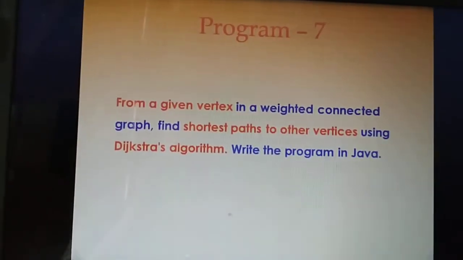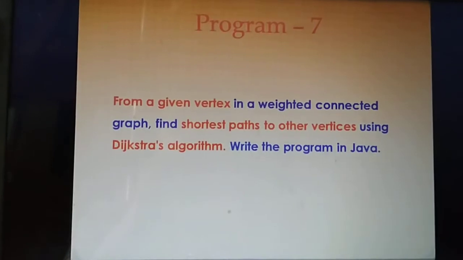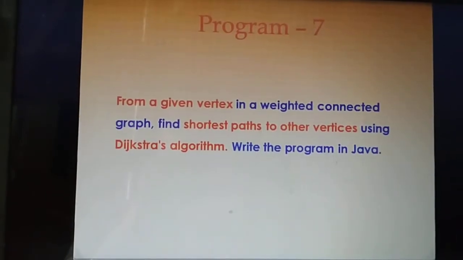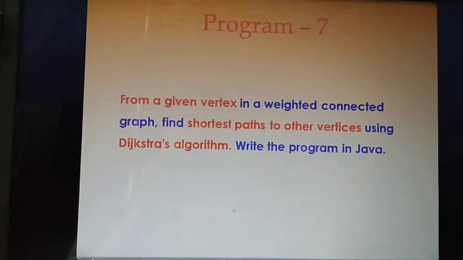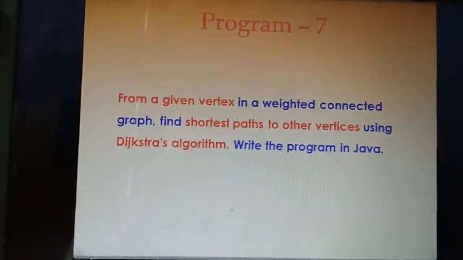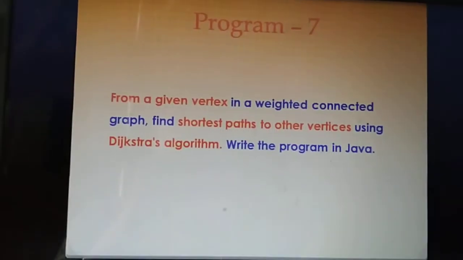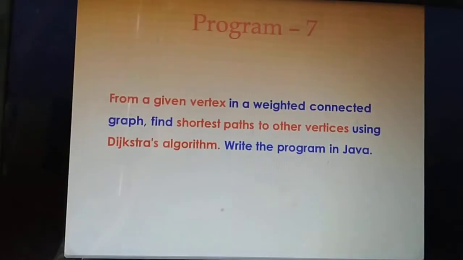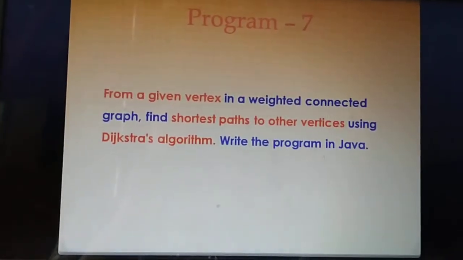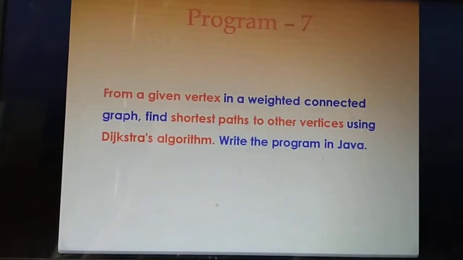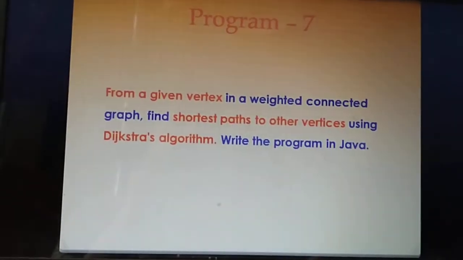So this is your 7th lab program. For a given vertex in a weighted connected graph, it should be weighted, weights should be there, otherwise you cannot find the minimum path, and the graph should be a connected graph. For an unconnected graph, you cannot find the shortest path.